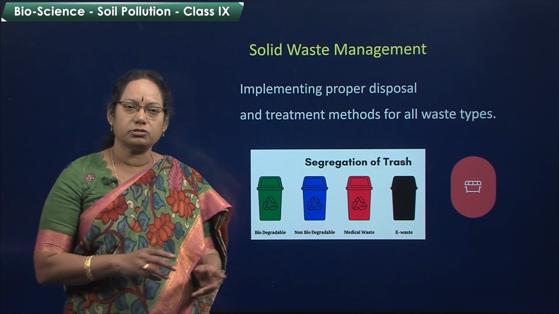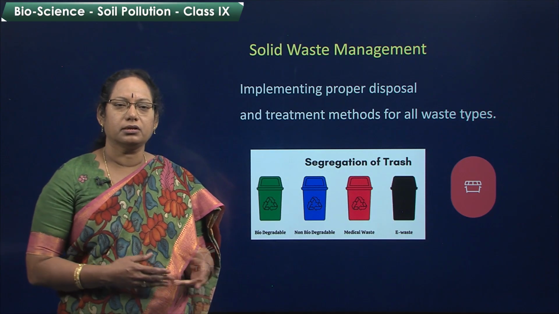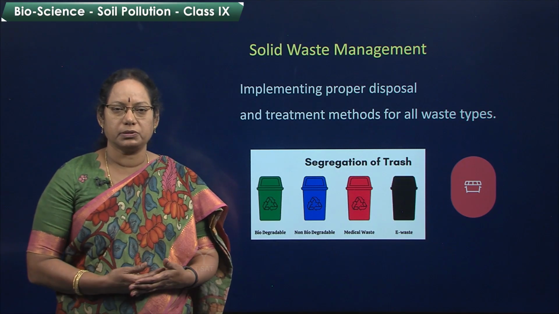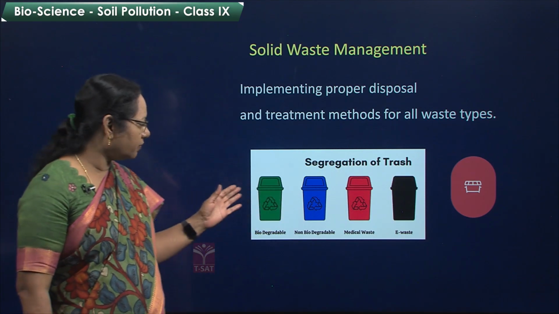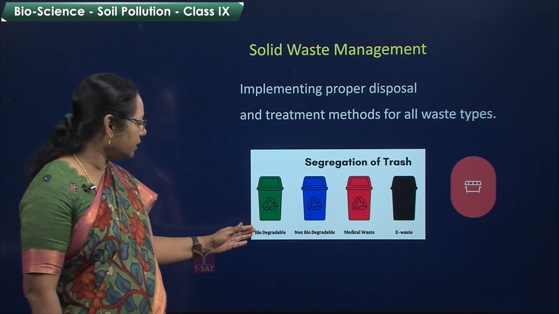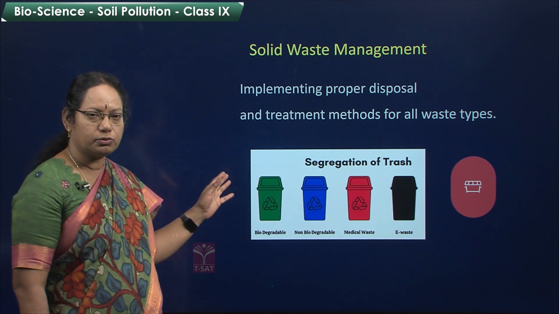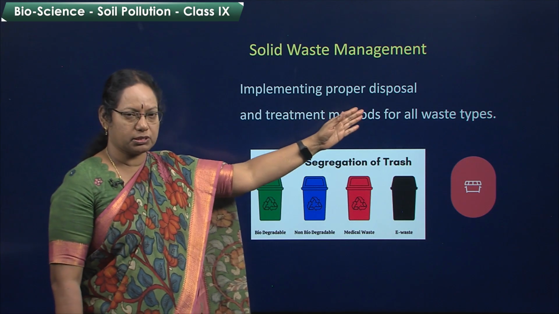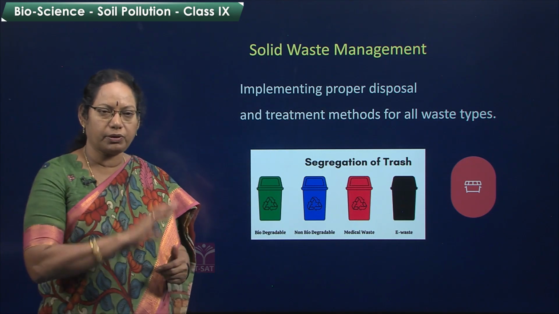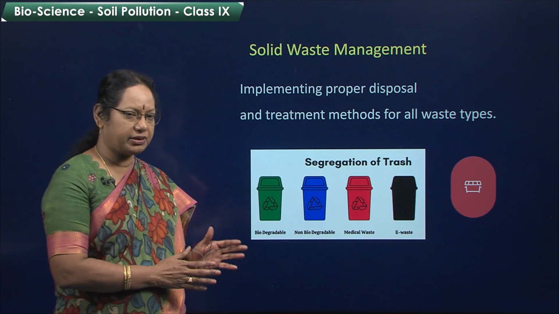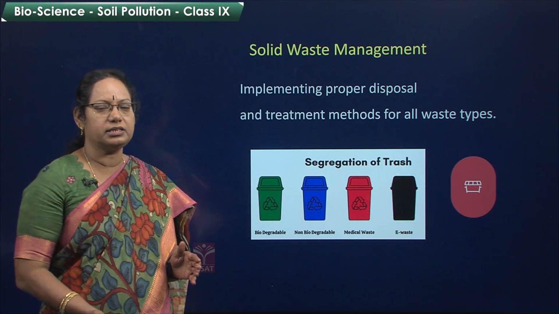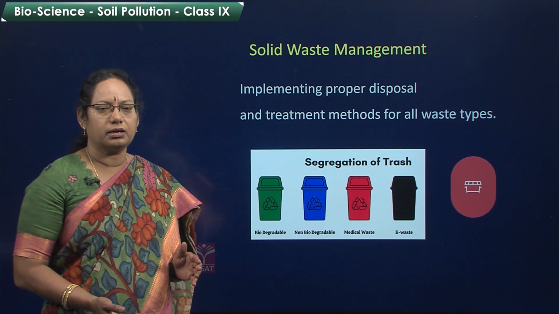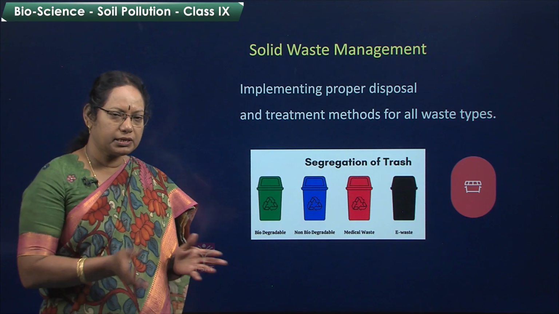How to manage the solid waste that is produced in industries, households, hospitals and all? You are aware of this, no? The first thing in managing solid waste is implementing proper disposal, meaning disposal has to be done in a proper way, so that the waste can be treated and then released into the atmosphere or land, otherwise it can be recycled.